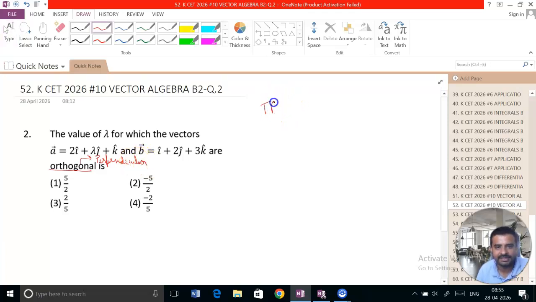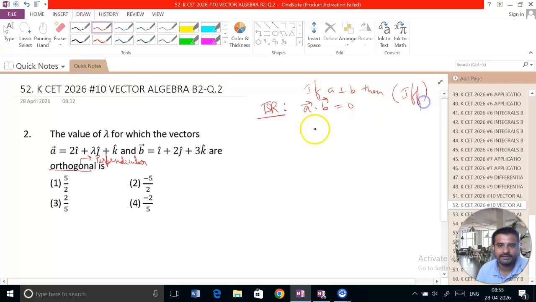Here the time saving result is, if two vectors are perpendicular, then their dot product will be 0. If A is perpendicular to B, then the dot product is equal to 0. Or if the dot product is 0, then A and B are perpendicular. This is an if and only if condition. Please remember, if and only if condition.